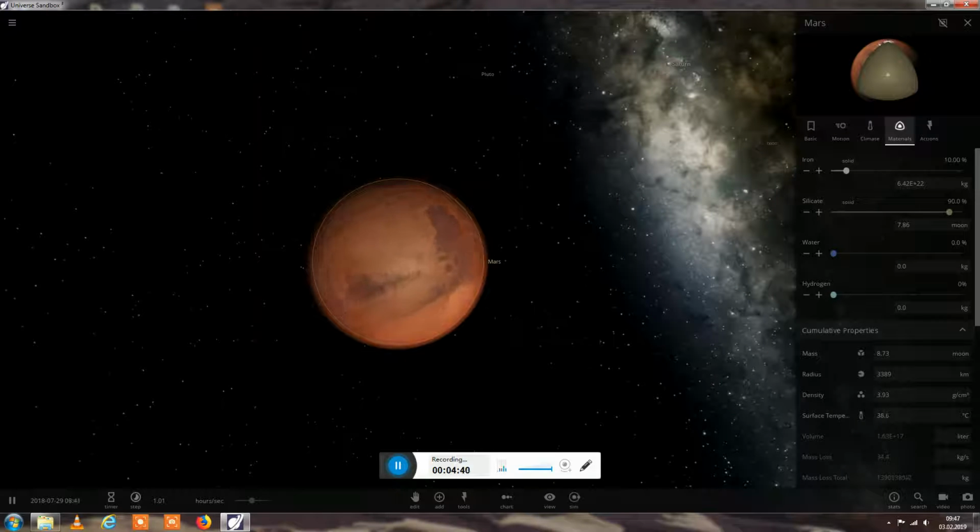Now, in order for us to terraform Mars or make it more habitable, we have to increase the density of the atmosphere. One way to do it is to basically cause a greenhouse effect like what's happening here on Earth now. Basically increase the amount of carbon dioxide in the atmosphere.